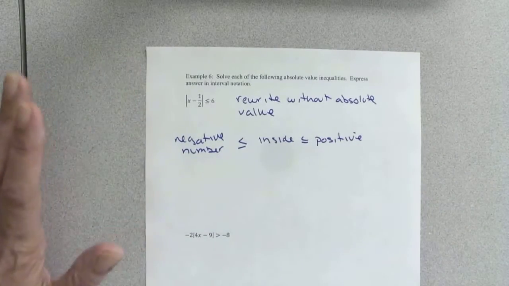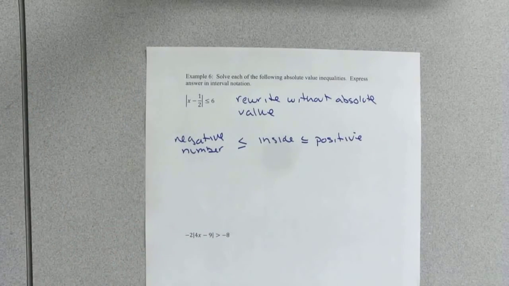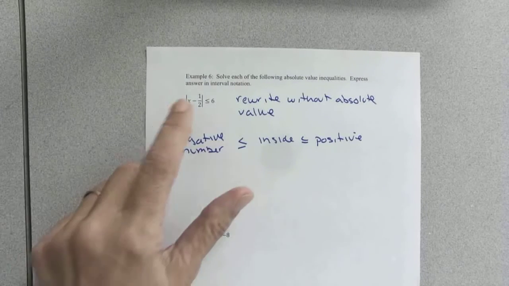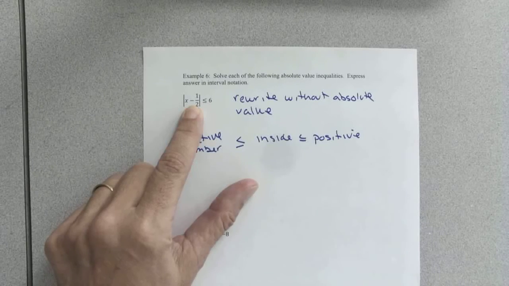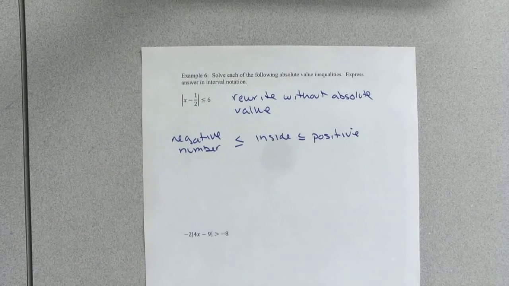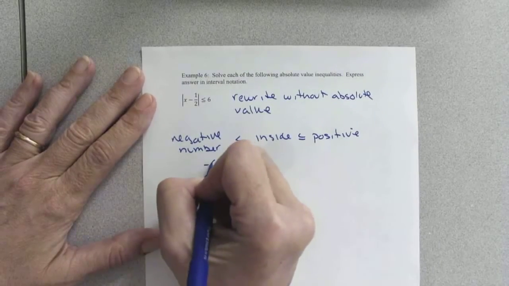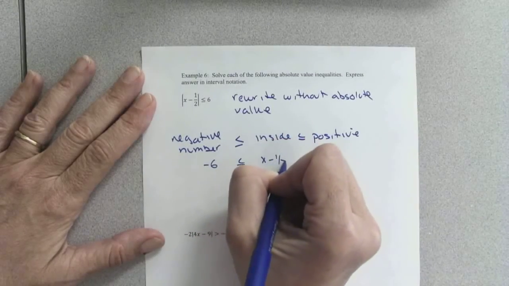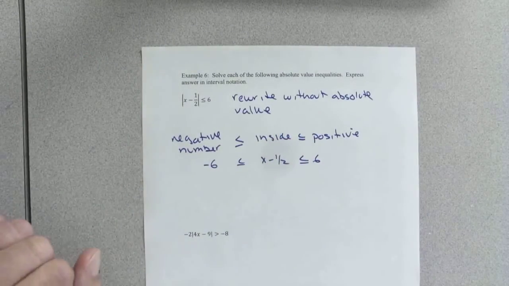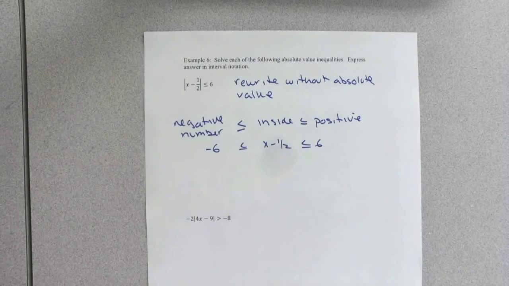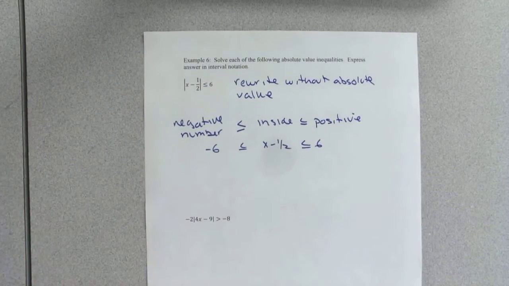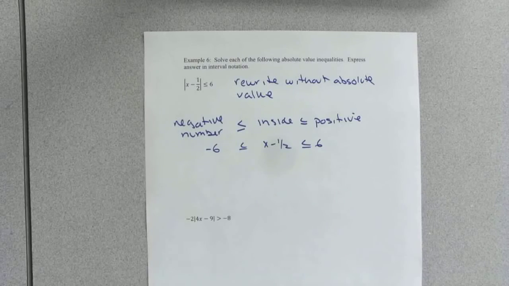That's always my form. Since it's less than, and you think about that number line, whatever is inside here is trapped between -6 and 6, because I want to stay within a range of 6 units of 0. Notice I do not change the inside, x plus 1/2. I just take the inside, whatever it is, and I use it.